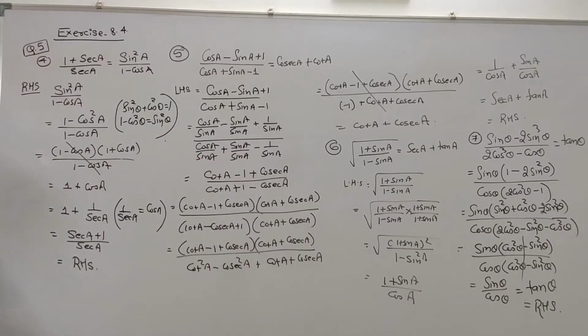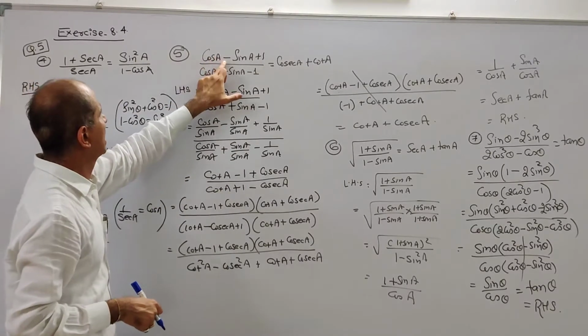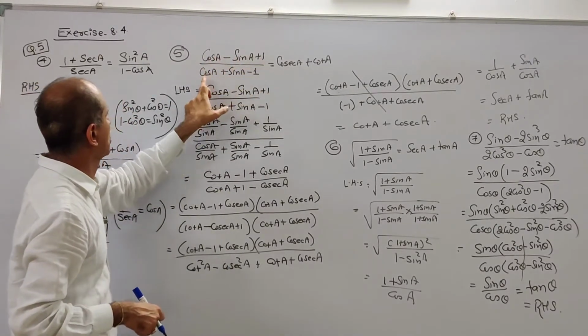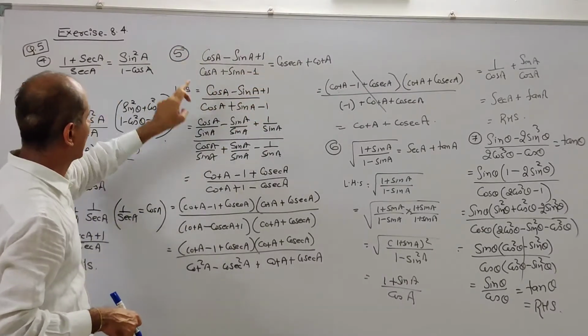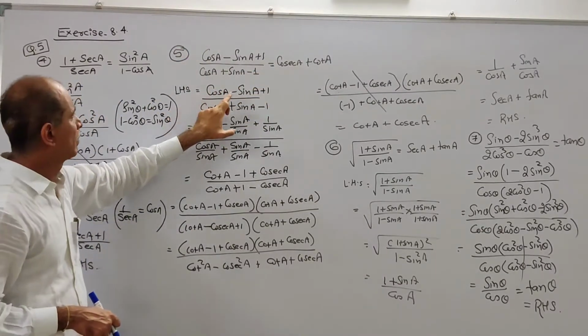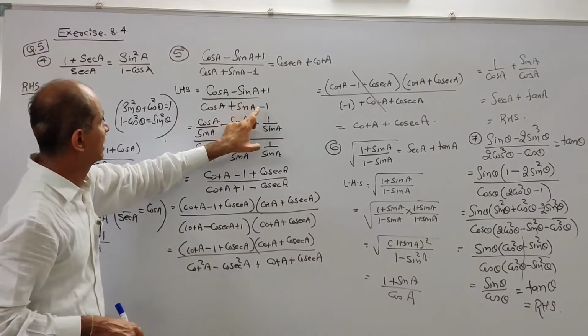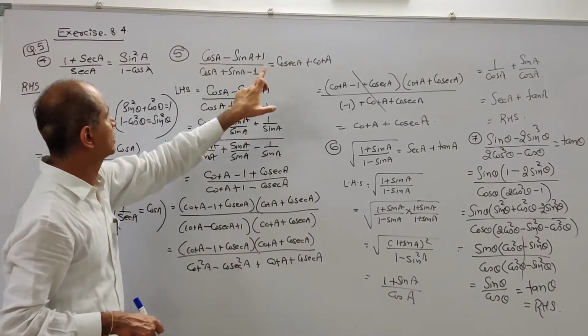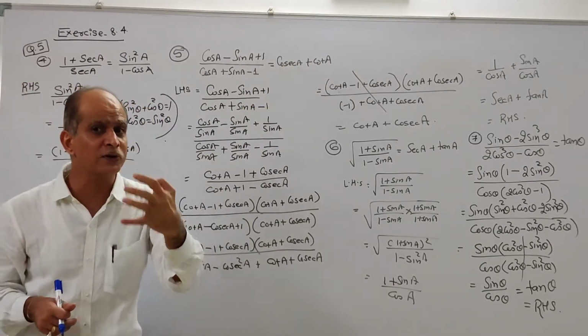Well, now let me start example number 5: (cos A minus sin A plus 1) upon (cos A plus sin A minus 1). Let me take LHS: (cos A minus sin A plus 1) upon (cos A plus sin A minus 1). You need cosec A as well as cot A. Cot means cos upon sin.